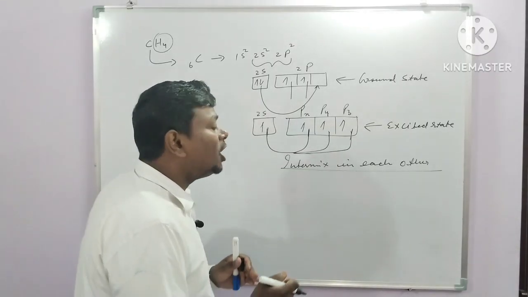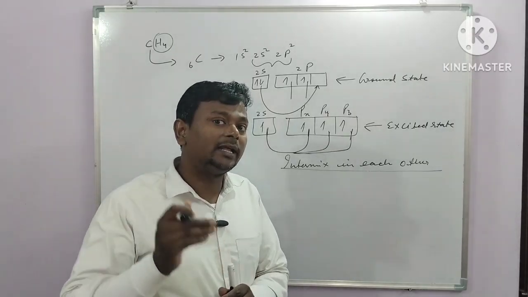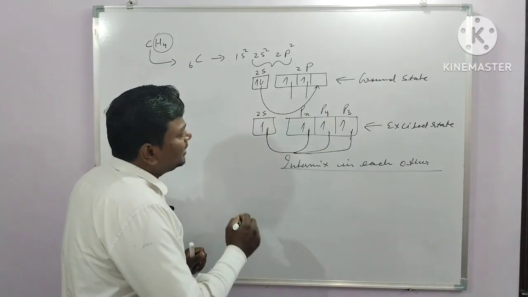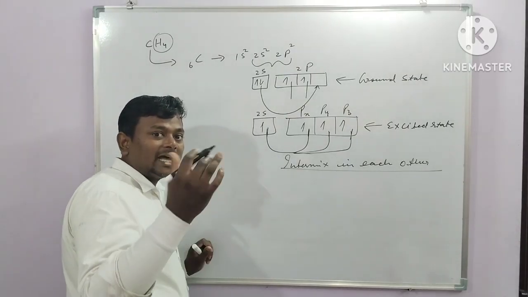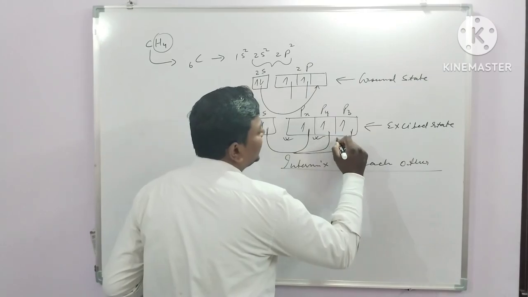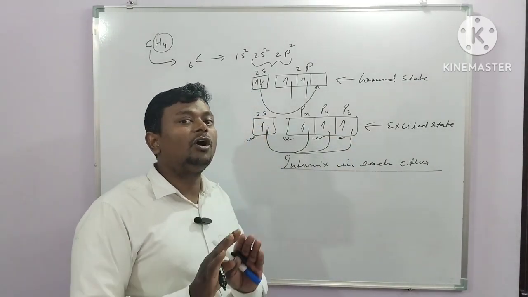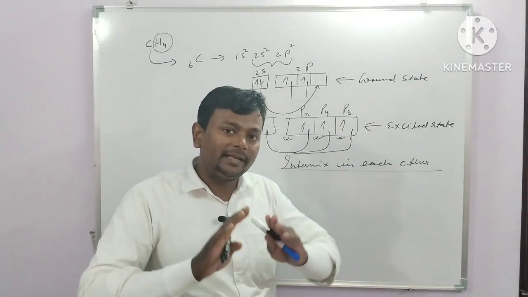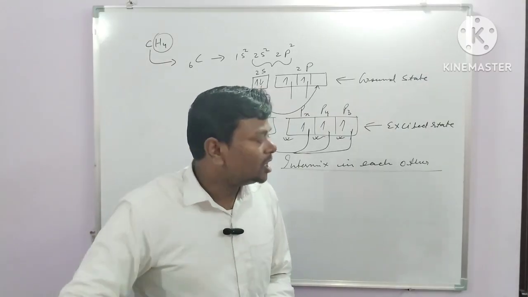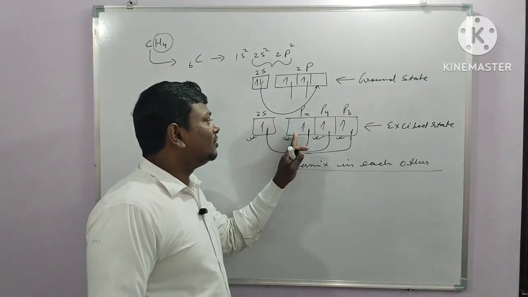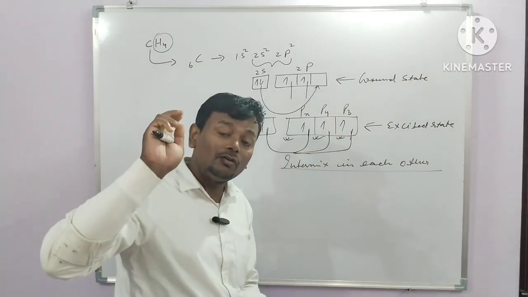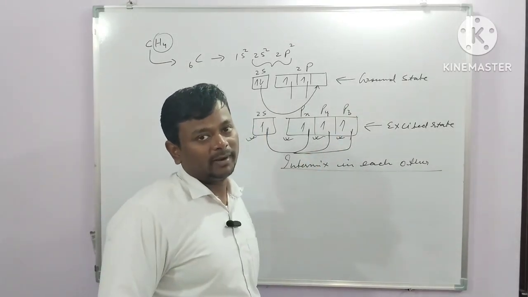Okay, and how many hybrid orbitals are going to form, how will we know that? So see here, how many orbitals are going to intermix? One s orbital and three p orbitals. So four orbitals are going to intermix with each other to form a new type of orbital. If these four orbitals are intermixing, then they are going to form four orbitals.